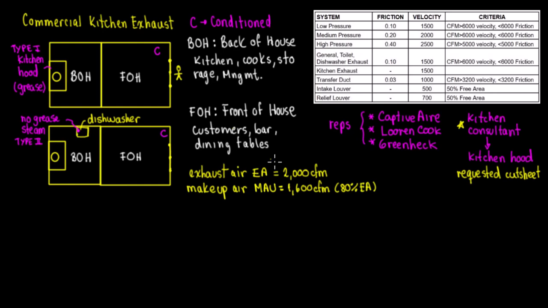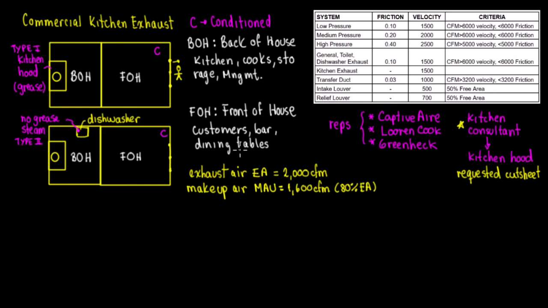Why? Because it's exhausting 2000 CFM. Anytime he tries to open it outwards it's going to be hard, and it's going to attract everything. Generally a building shouldn't be in a negative pressure. It shouldn't be in a vacuum. That's why, since this is exhausting air, we have to provide a makeup air unit, rule of thumb 80% of the exhaust air.